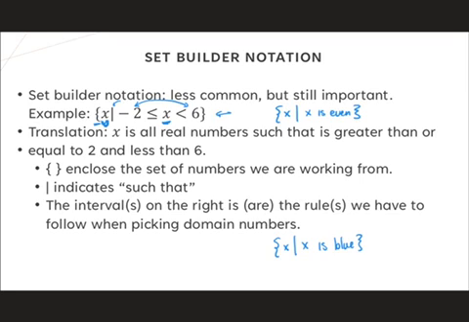Okay, so set builder notation has a lot more application in qualitative type of data rather than quantitative. So quantitative is if I'm working with actual numbers themselves. Qualitative means I'm working with the qualities of something. It's green, it's blue, it has brown eyes, it's male, it's female, it drives a truck, drives a car. Those are qualities, so things I can't really define.